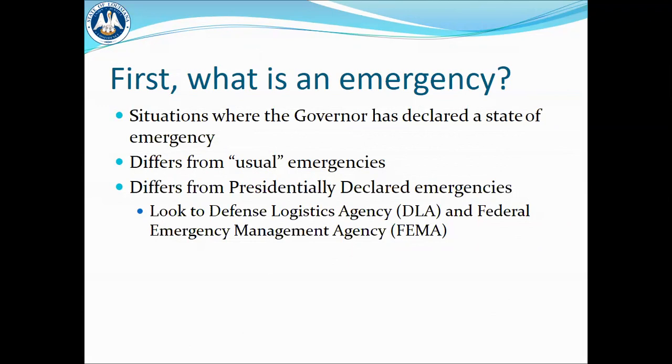Normally the governor declares a state of emergency, and then there would be a request to have the president declare a state of emergency so that we could activate those national resources as well. On the off chance that the governor does not declare a state of emergency and the president did, we may still have an emergency on our hands, but the emergency contingency contracts would not be in play at that time.